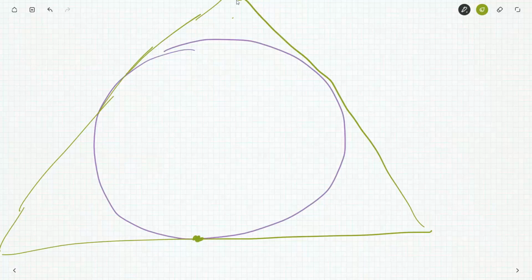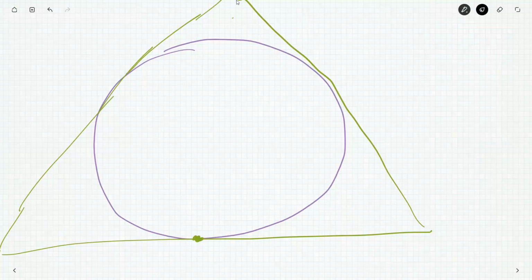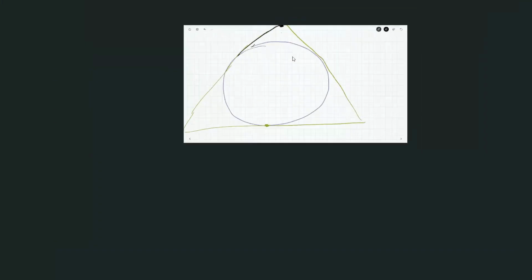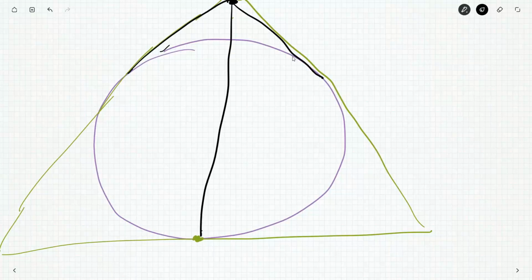Why should they contain the circle? That's the question. Well, we've got our point up here. Whoa. There we go. So if we come straight down here, that's this. So these points are contained. These points are contained.